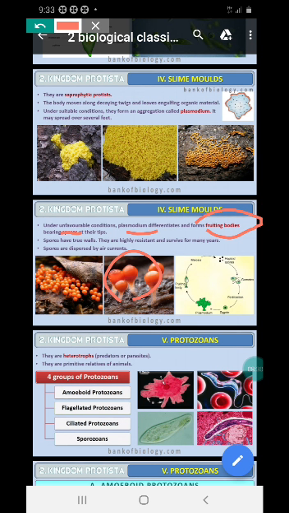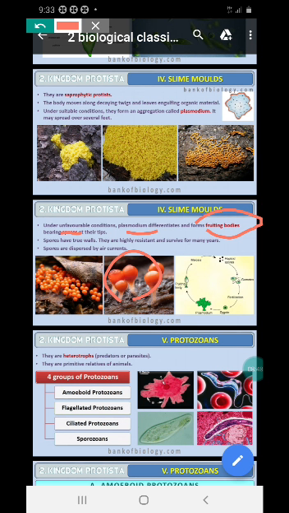Okay, right. And the last of the protistans is the protozoans. Now these protozoans are completely freshwater living organisms, children.